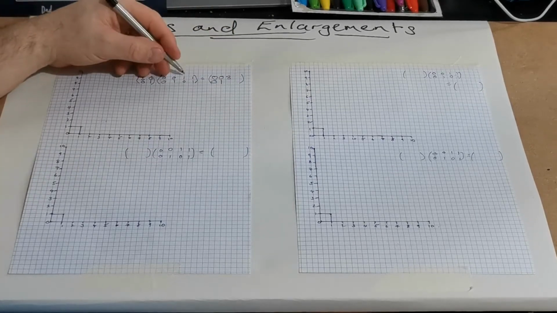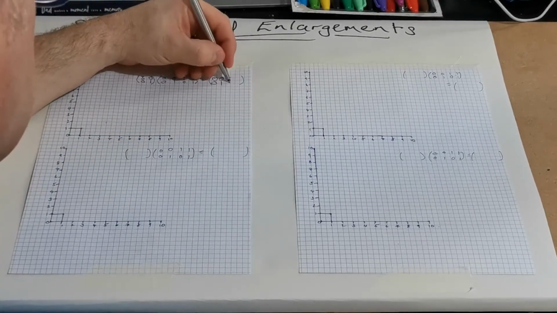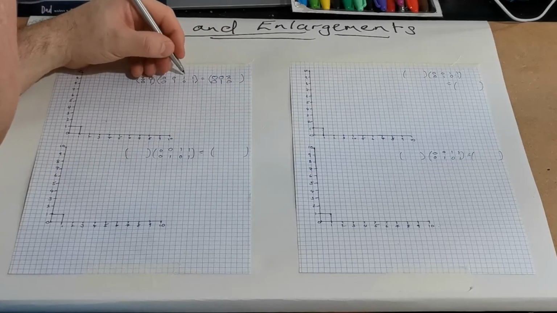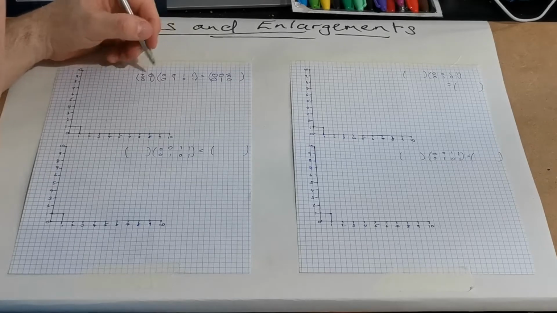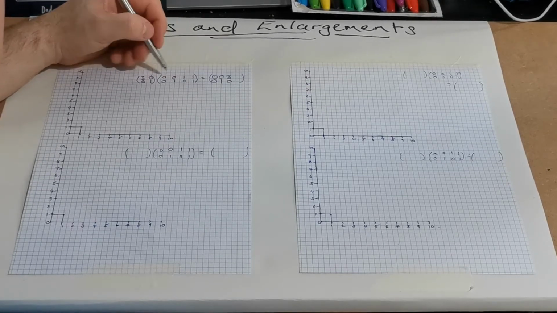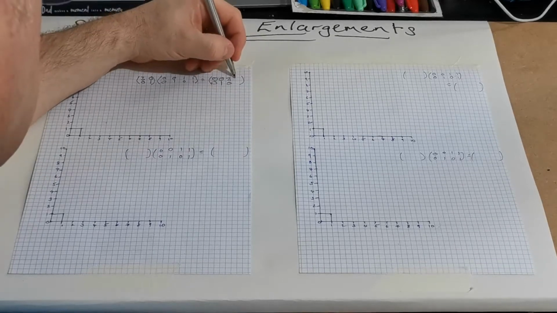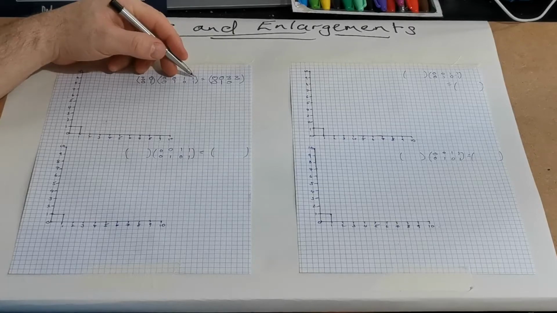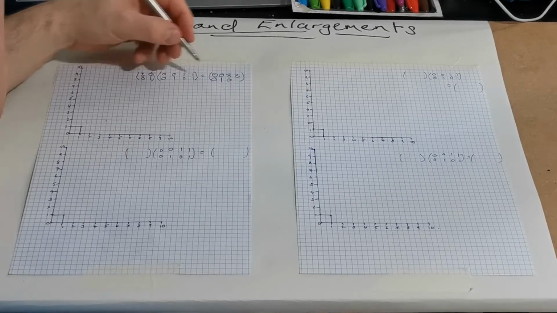And I've got 0 times 1 and 1 times 0, which is 0. So these ones here have been times by 3. Now looking at the final one, 3 times 1 and 0 times 1 is 3, and 0 times 1 is 0, and 1 times 1 is 1.